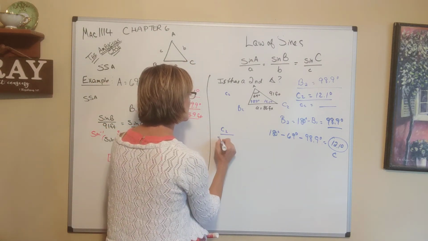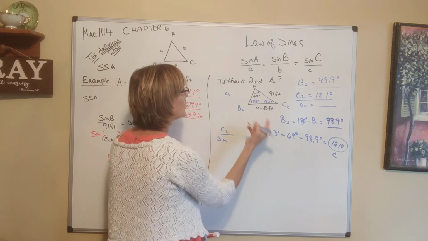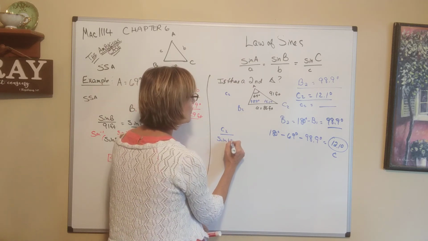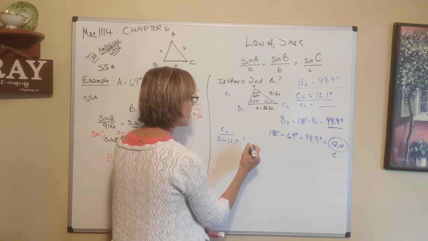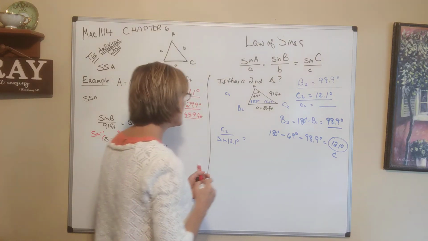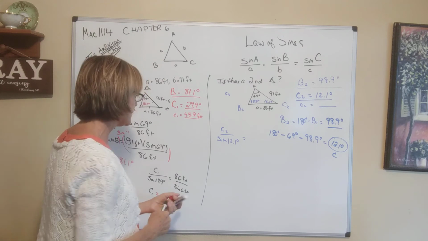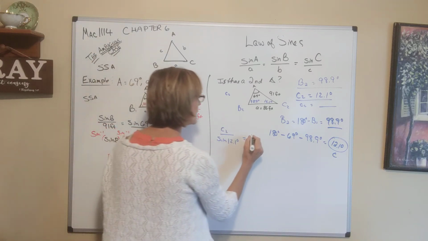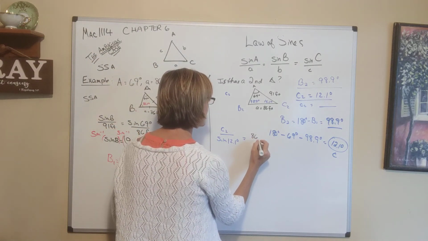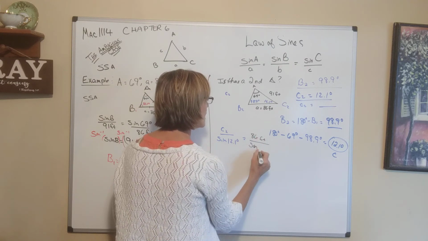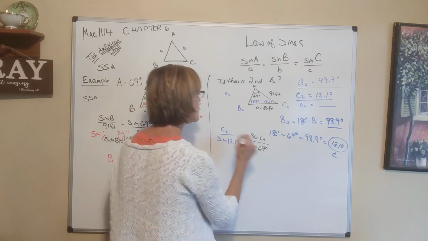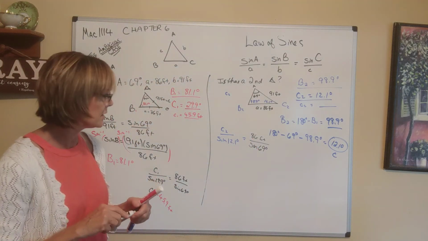C2 is to the sine of 12.1 degrees, as little a, which is 86 feet, is to the sine of 69 degrees. And we'll cross multiply and solve for C2.